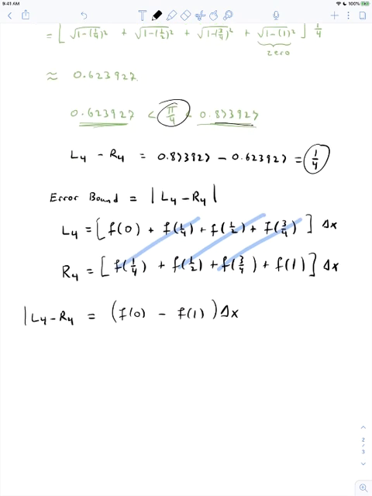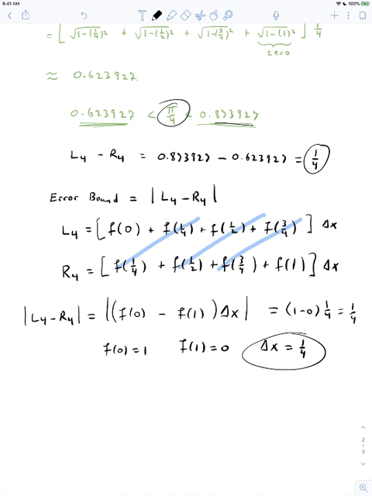Now, we usually put absolute values around these just to make sure that everything's positive. But we actually know what these values are. f of 0 is 1, f of 1 is 0, and delta x is 1/4. So this is just going to be 1 minus 0 times 1/4, which is 1/4.